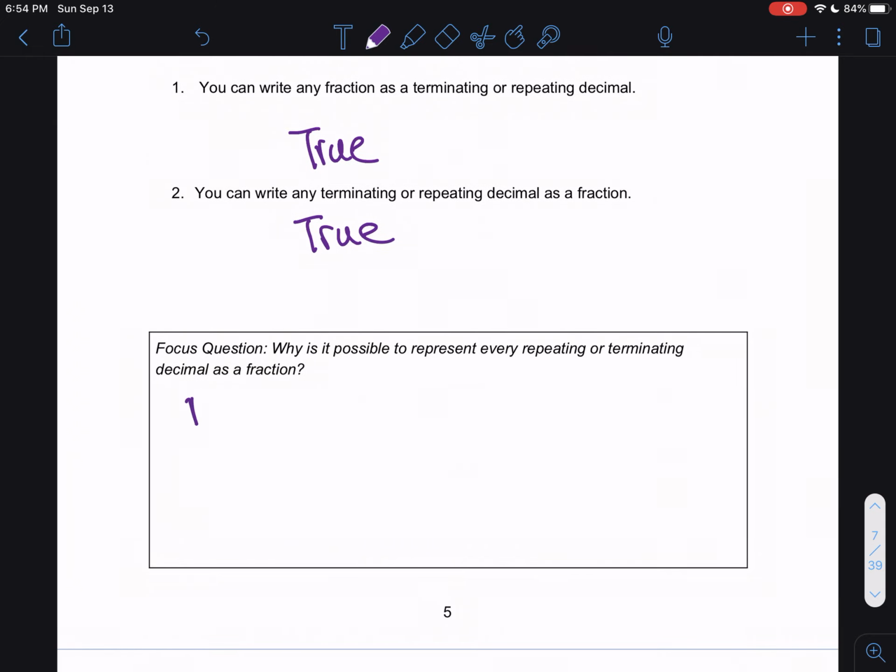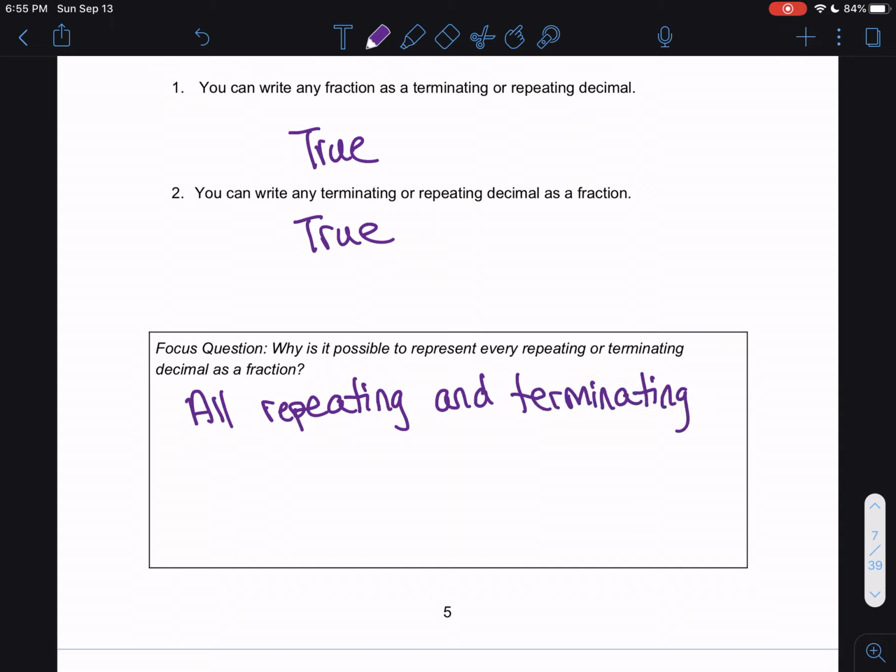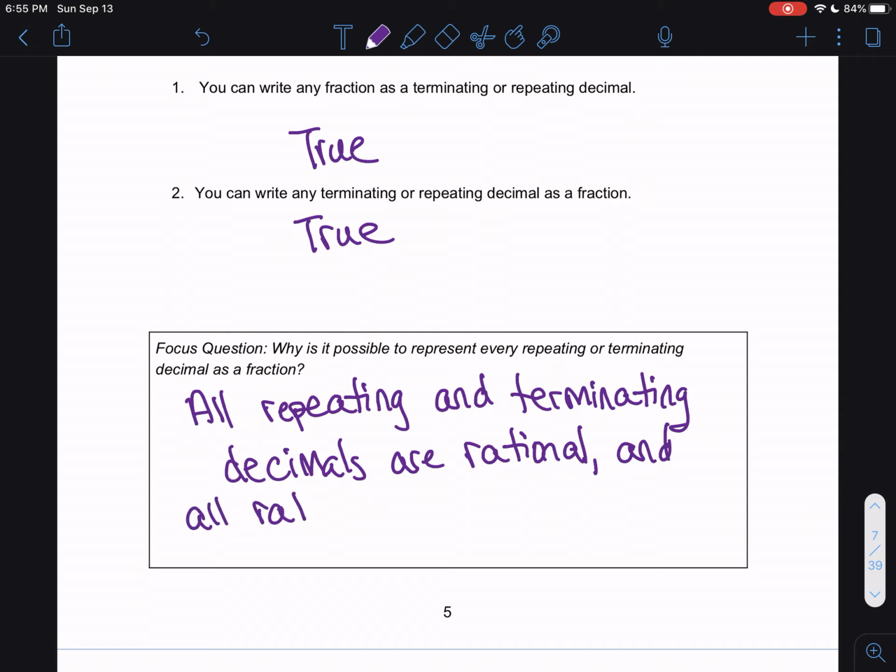And the reason is, folks, that all repeating and terminating decimals are rational, and all rational numbers can be written as fractions.